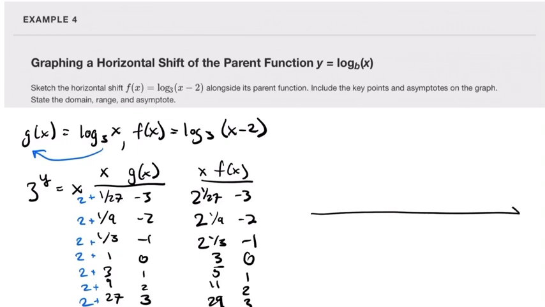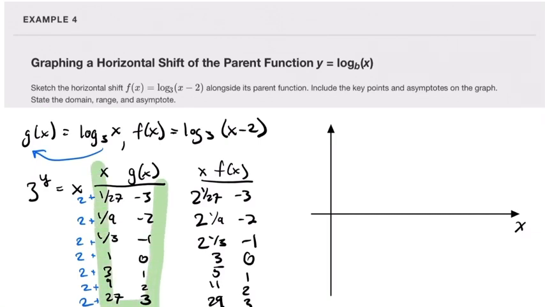So say this is my positive y in this direction. Positive x. And here is my positive y. We'll do g in green. So we'll graph this in green.